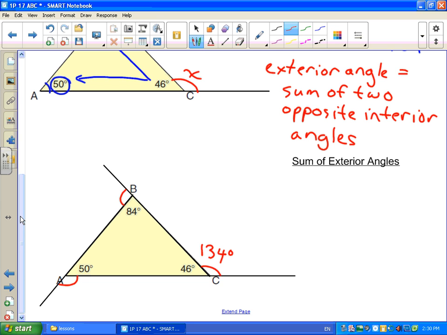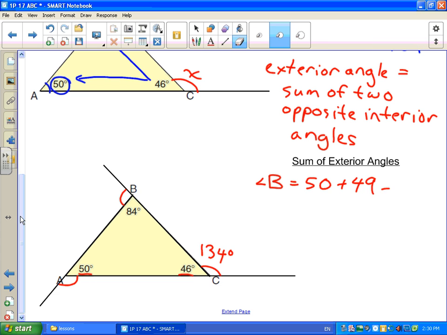I can figure out what angle B is, up there, by doing the sum of the two opposite interior angles. So that's going to be 50 plus 46, 96 degrees.